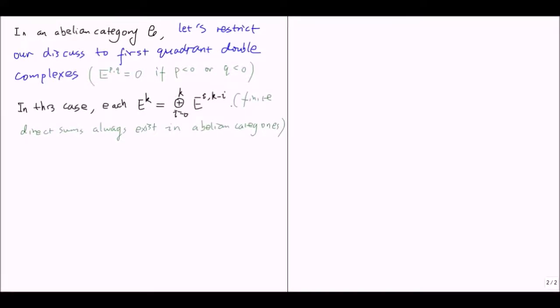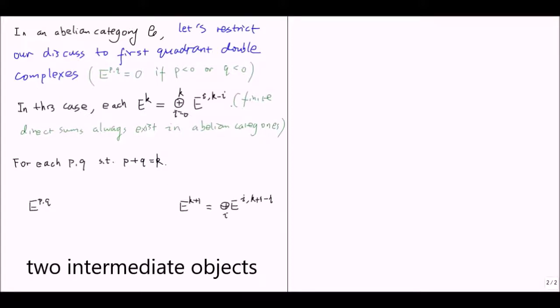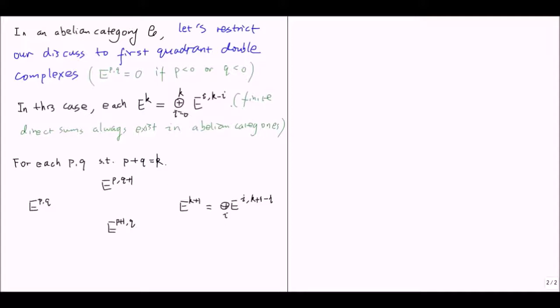Now to define d, we consider the following diagrams. For each p,q such that their sum is equal to k, there are two ways we can get from E sub p,q to E superscript k plus 1, which is the direct sum of E sub i, k plus 1 minus i. There are two intermediate objects, E sub p, q plus 1 and E sub p plus 1, q.